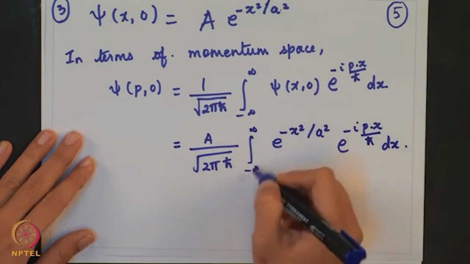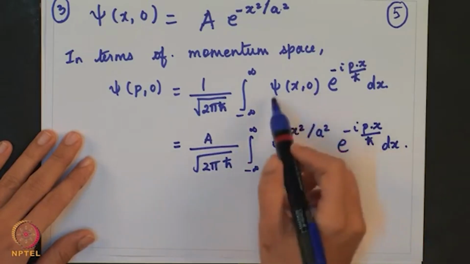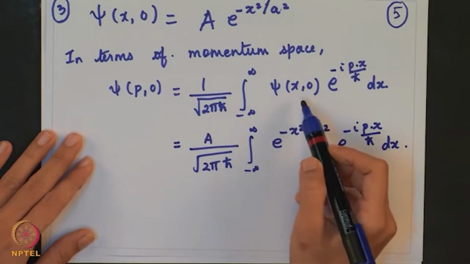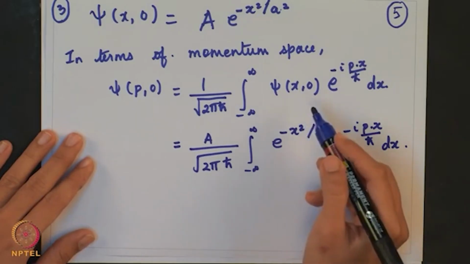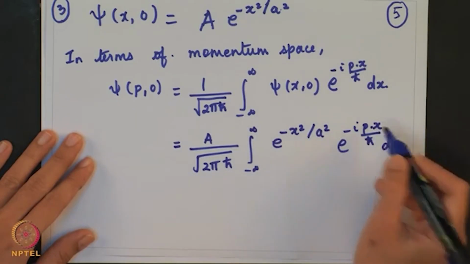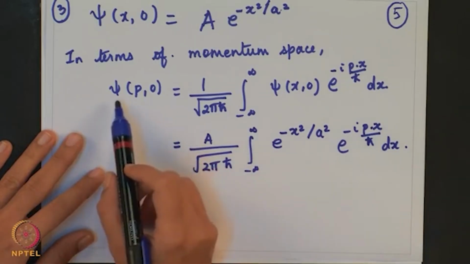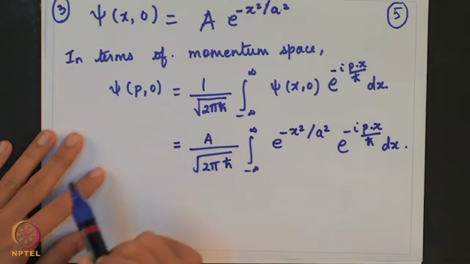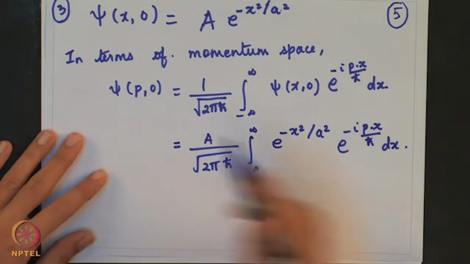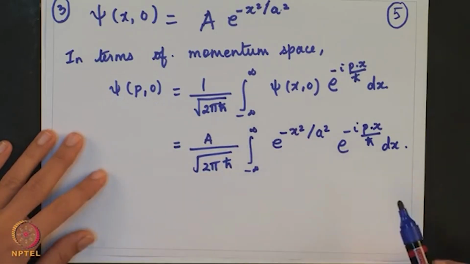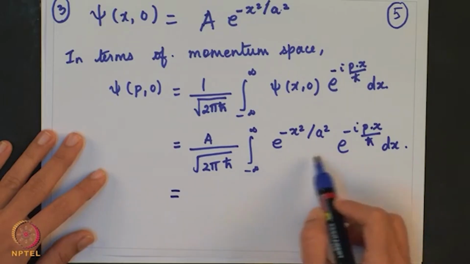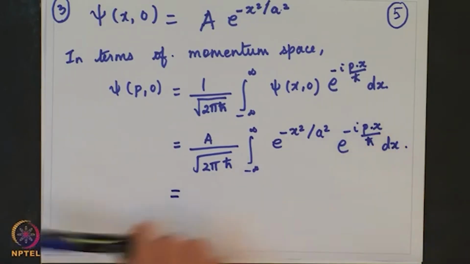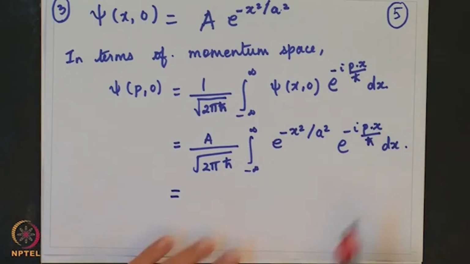So, now here you have just substituted for psi x comma 0, okay, and you obtain the wave function in momentum space. Now, you have to evaluate this term, which you will have to rewrite in the form of a complete square.